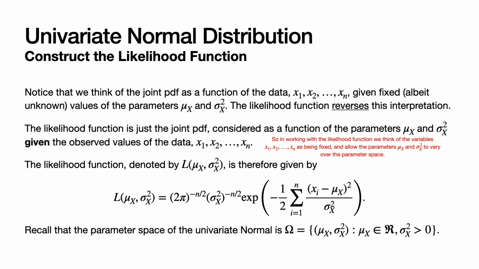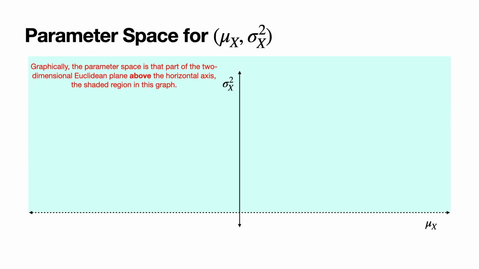Recall that the parameter space of the univariate normal distribution is the set of ordered pairs mu sub x and sigma squared sub x, where mu sub x can be any real number, but sigma squared sub x, the variance, has got to be a positive real number. Graphically, the parameter space is that part of the two-dimensional Euclidean plane above the horizontal axis, which is the shaded region in this graph.